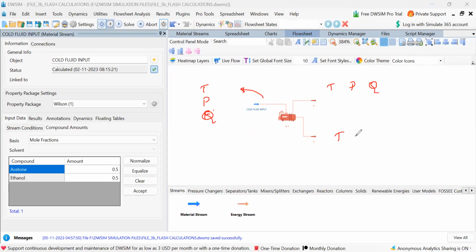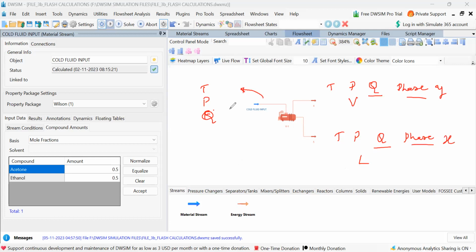This also has temperature, pressure and flow. But here in this flash, very important is what is the phase here. And very important, the flow here is a vapor flow. The flow here is liquid flow.